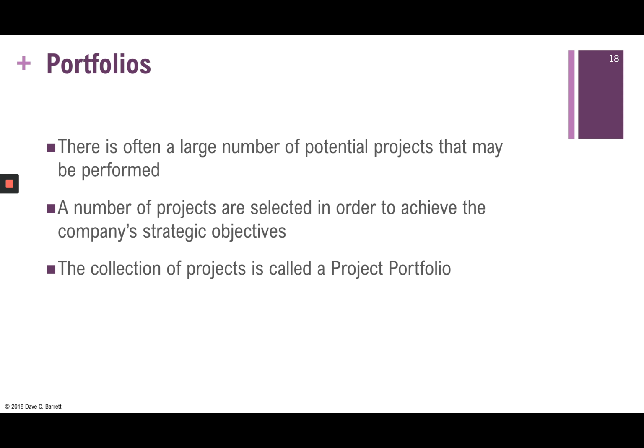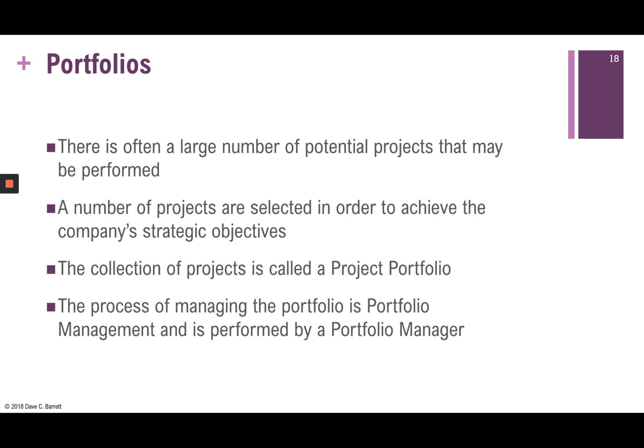The collection of projects to be performed is called the project portfolio of the organization. The process of managing the portfolio is portfolio management and is performed by a portfolio manager. It's a senior role. This is usually done with the senior management within the organization, but it's an important role, as this is how projects get selected within an organization.